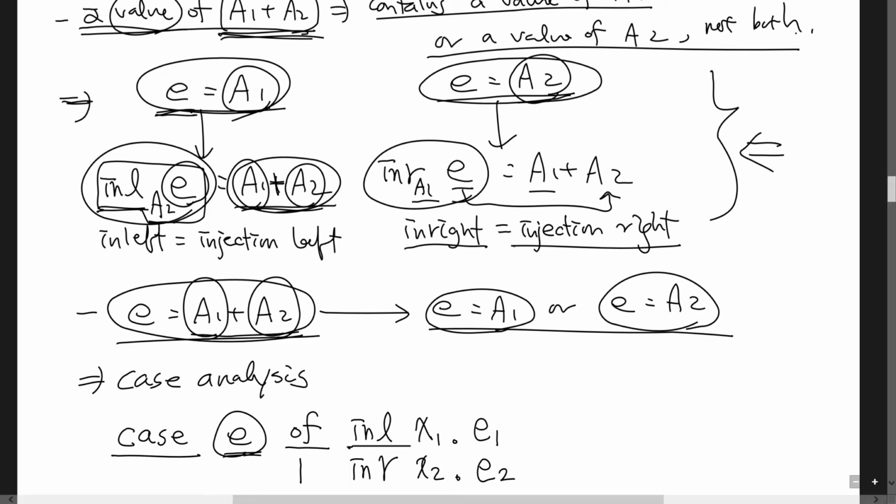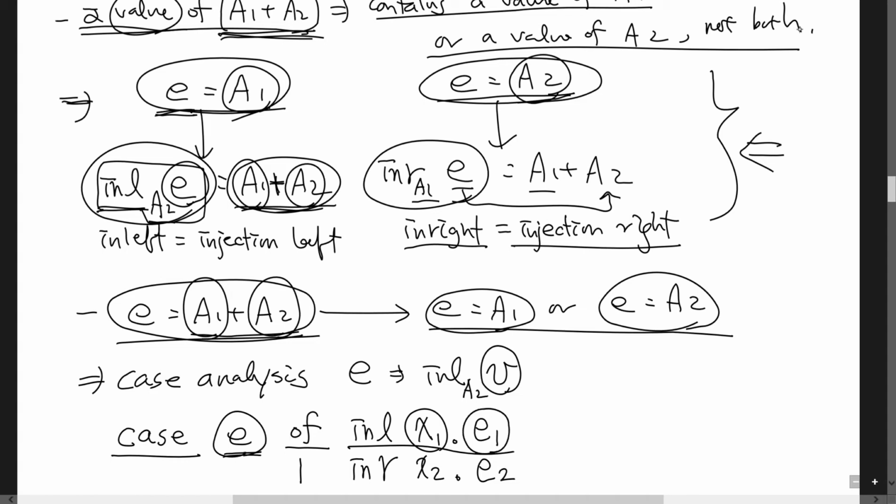This one means that suppose that expression E was produced from something like injection left value V with this A2. Then we are going to bind this variable x1 to the actual value V here, and then evaluate the expression E1.